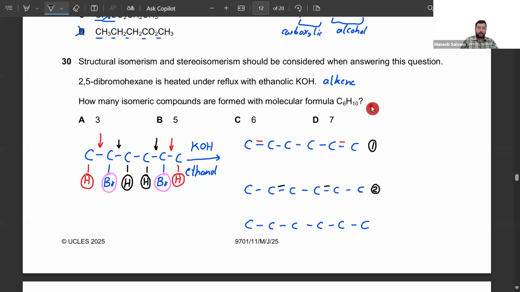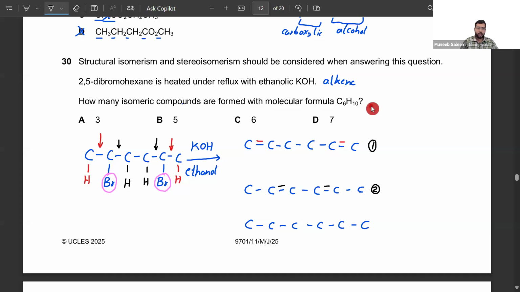Now I'm going to do a combination in the third case. I will use one hydrogen that is labeled red and the other hydrogen that is labeled black. If you look at the structure carefully, it's a symmetrical molecule.